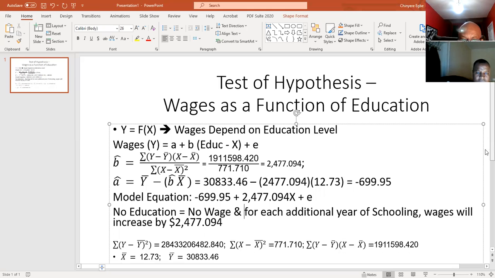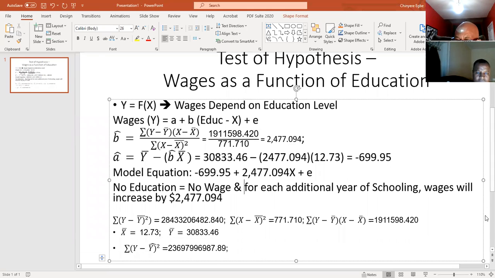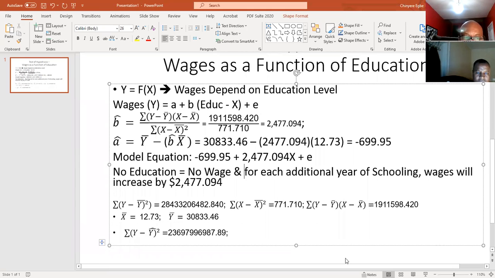So now you do a test of hypothesis. I'm going to use the next set of numbers to do it, and I'm going to put up the formula. We have all the information that we will need for doing that.